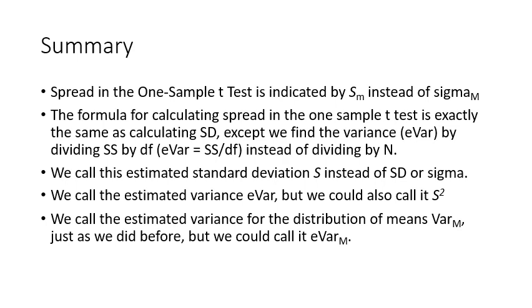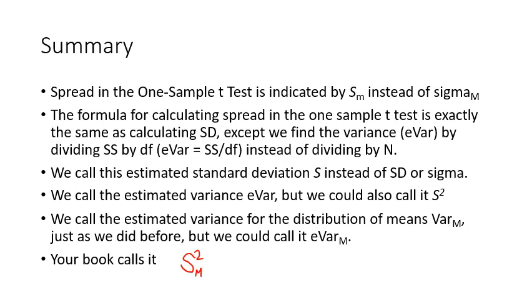We call the estimated variance for the distribution of means VARM, the same as we did before, but technically we could call it EVARM. And your book calls it, using symbols, S, referring to that estimated standard deviation, S squared, referring to variance, and then this M down here.